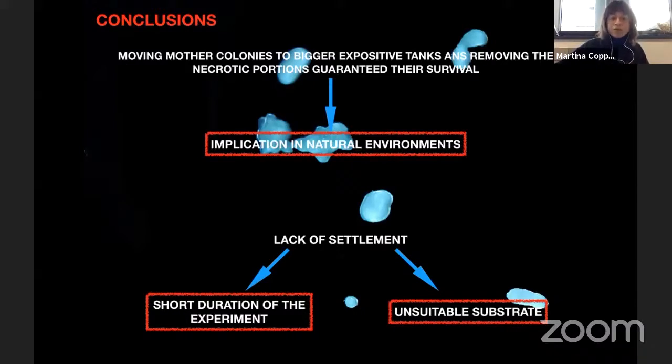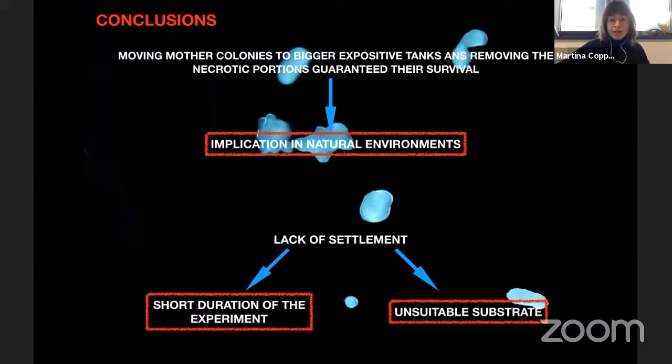And after 2 years, these colonies are still alive and healthy, and this observation has an important implication in the natural environment, because if the factor that triggers the bailout is not permanent, then the colony has the potential to recover and to survive.